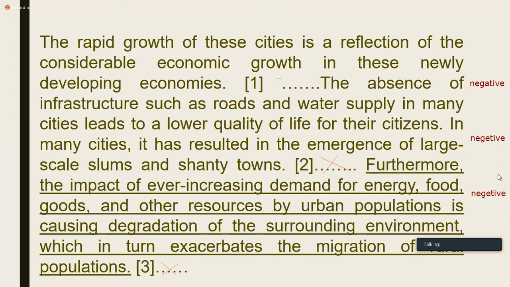Can we insert the sentence beginning with "yet" in position 1? Yes, sir. Here we can insert it, because sentence 1 gives something positive about urbanization.